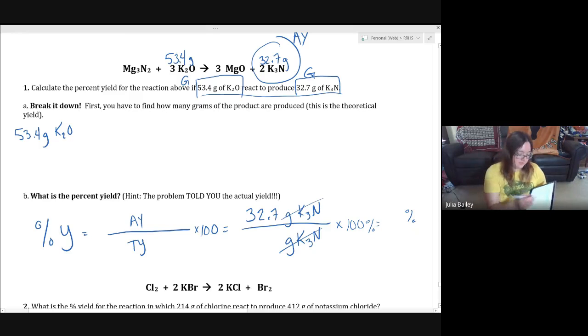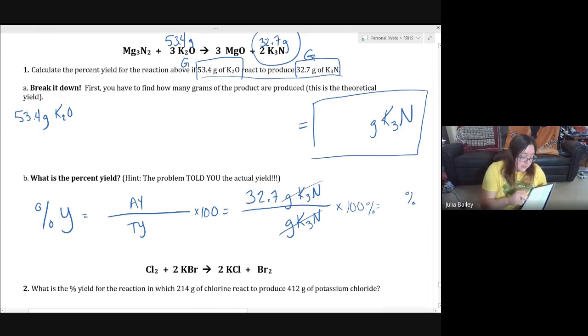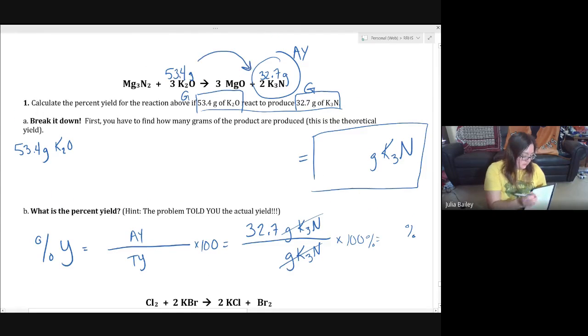So we know we're going to have to end with grams of the product as our final answer, which means if we're going from grams to grams in this mole bridge, we're going to need 3 fractions. This is a 3-step problem.